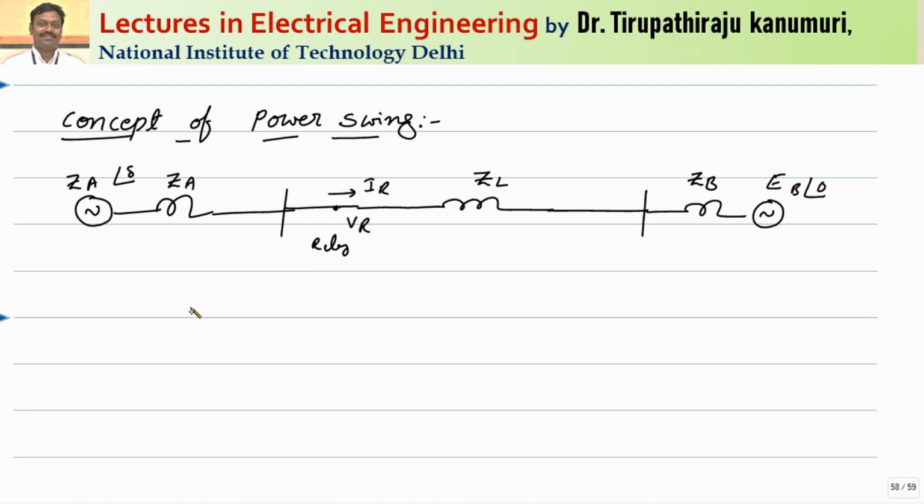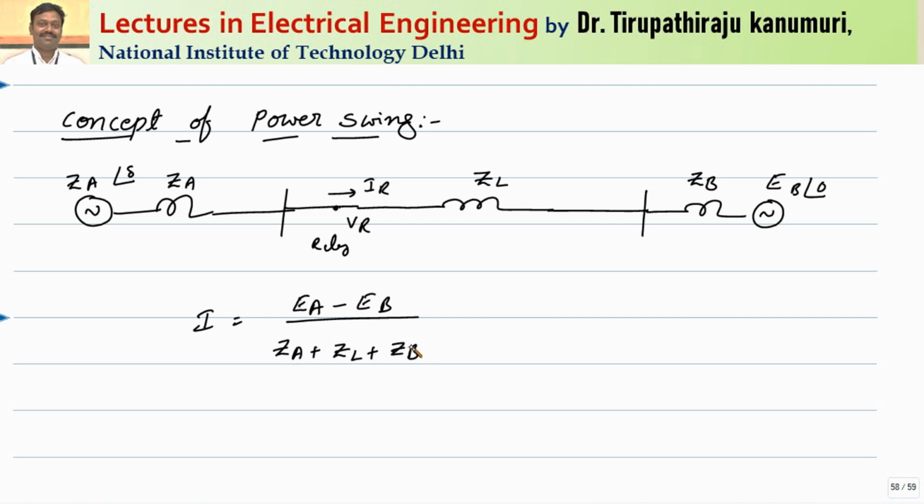Because of this transmission line, the current will pass from source A to source B when the angle of source A is greater than that of source B. Agree with me? So the current depends on EA minus EB divided by the total impedance, which is ZA plus ZL plus ZB.